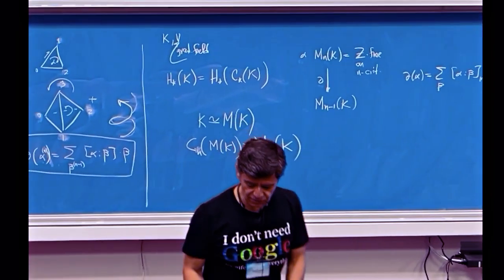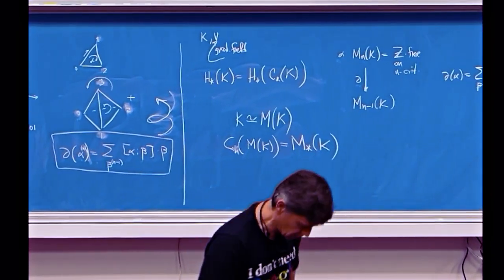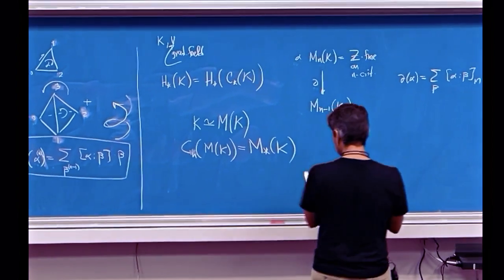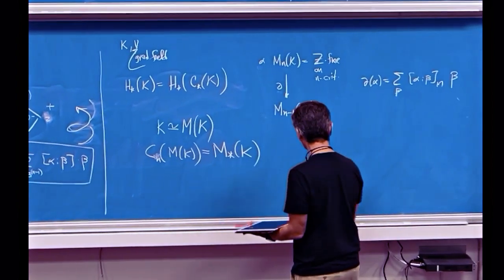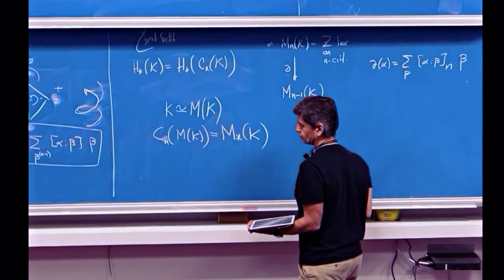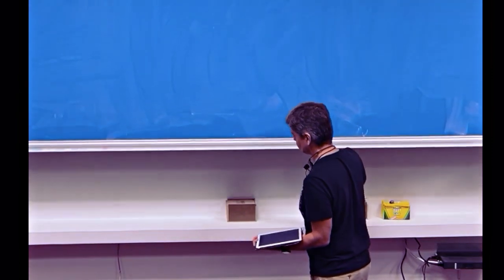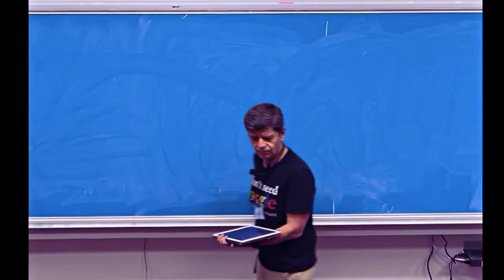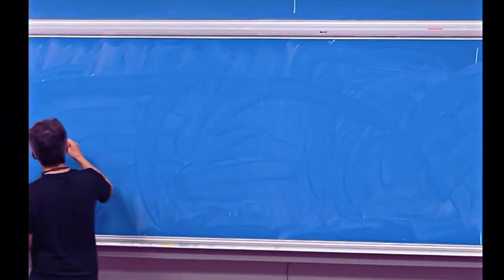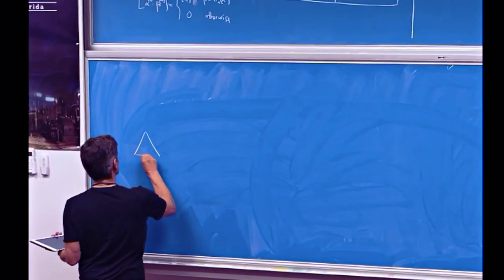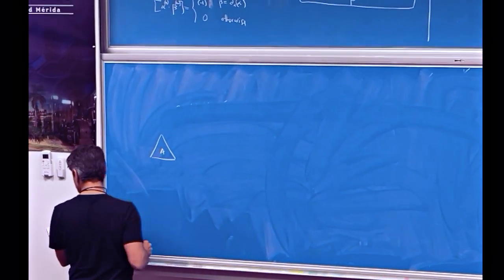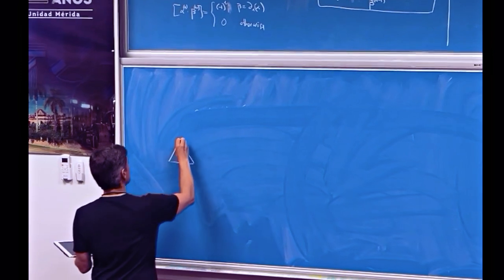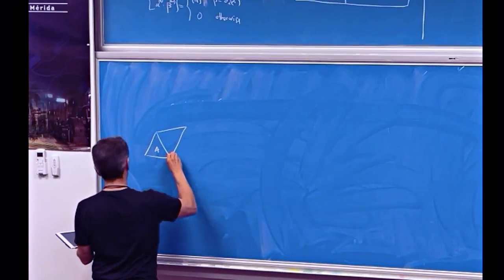And for that, in order to have a better idea of what is going on, let me just reproduce this situation. So suppose here is our cell A, and then I'm going to be constructing this situation.